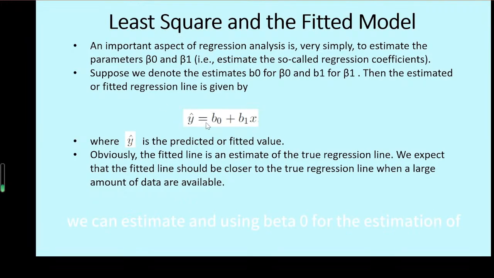We can estimate using b0 as the estimation of beta 0 and b1 as the estimation of beta 1, right? And this equation can be written as y hat equals b0 plus b1 times x. So y hat is the predicted or fitted value from the estimated parameters. So b0 and b1 are the estimated parameters. This is the real value, right?